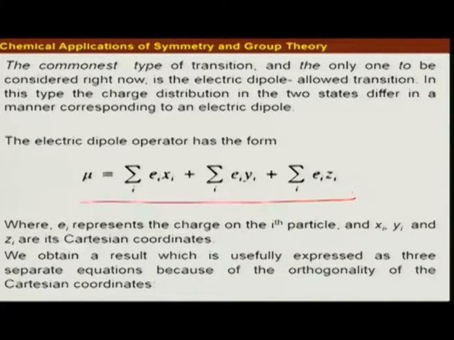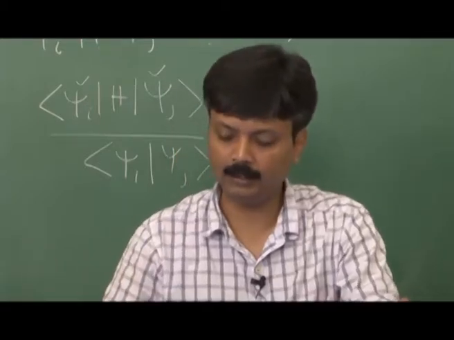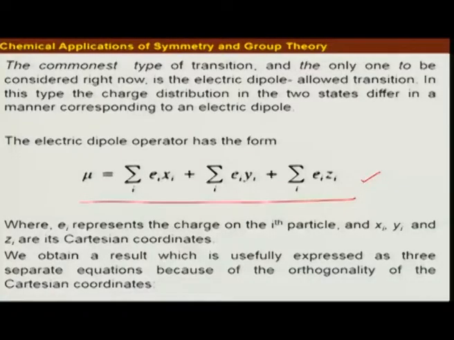Therefore, we can express mu as the sum of this charge-distance product in 3 different directions x, y, and z as given here. And we can have many particles in the system. So for each particle I can have this charge-distance product for each coordinate, and then we can sum it over all the particles. Okay, so that is given here.